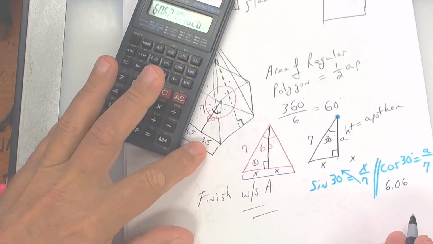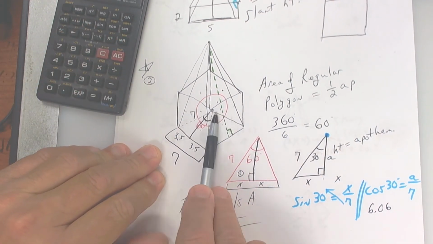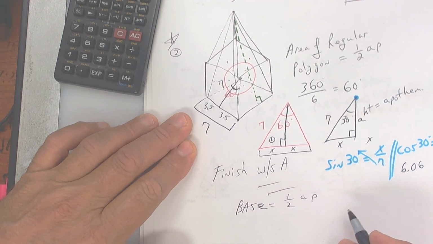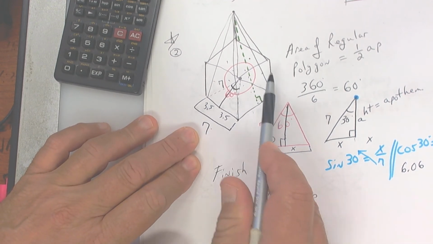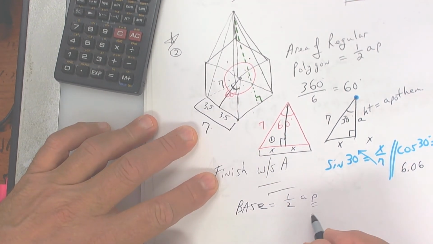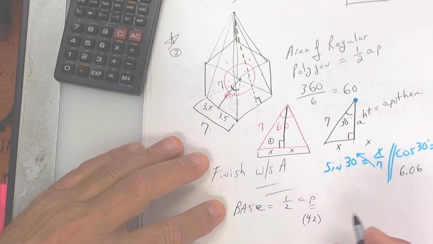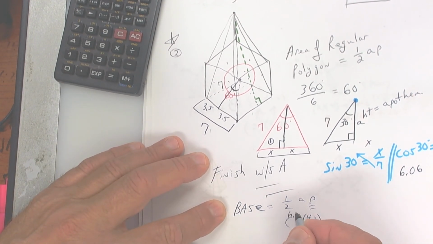Okay, now what you're going to do is use your formula right here. So the base, the bottom, put base, is equal to 1/2 AP. P is the perimeter, so that's 7, 6 of them, so 6 times 7 is 42. So the perimeter is 7 plus 7 plus 7 plus 7 plus 7 plus 7 times the apothem. The apothem is 6.06.